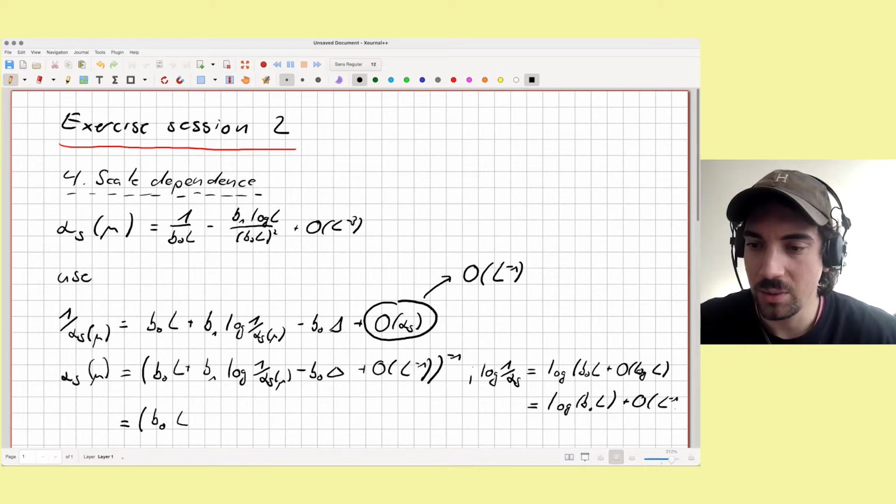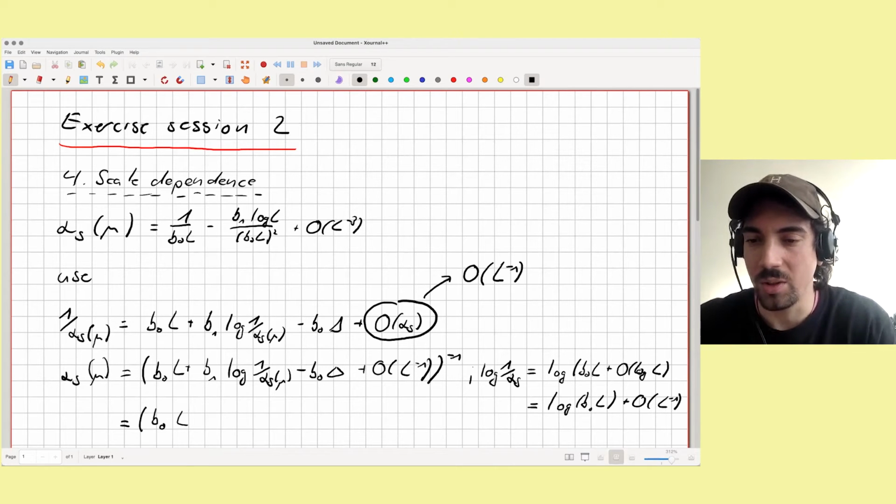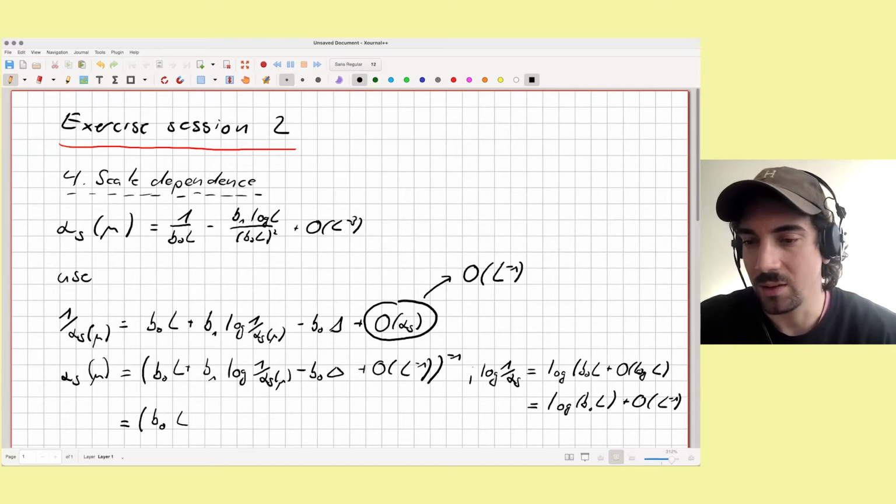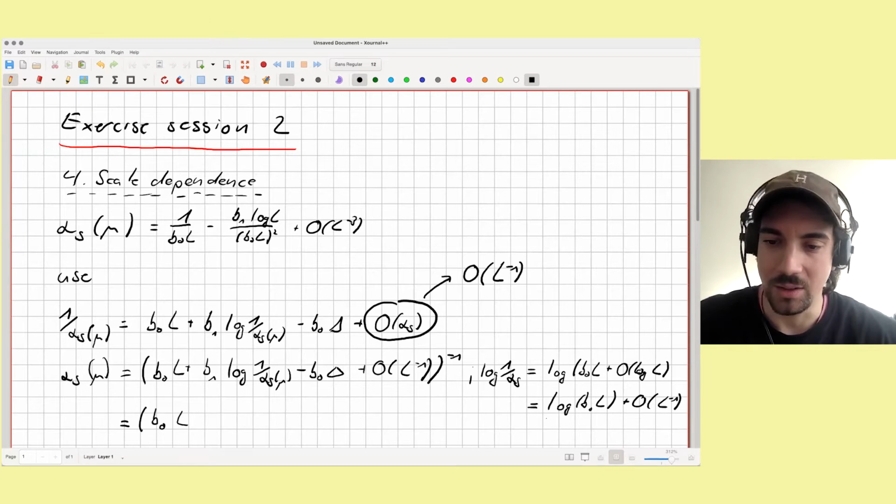How we do this is we can pull the logs apart and write it as log B naught L plus log 1 plus something that's order of 1 over L, and then we can expand this log around its argument of 1 and find that this is just this here.